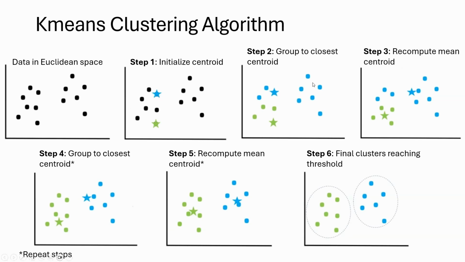And then what it's going to do in step two is group the data points based on how close they are in space. So all these ones right here are closest to the blue, so they've been labeled as blue. And these ones are closest to the green, so they're labeled green. And then now it's going to recompute the centroid.